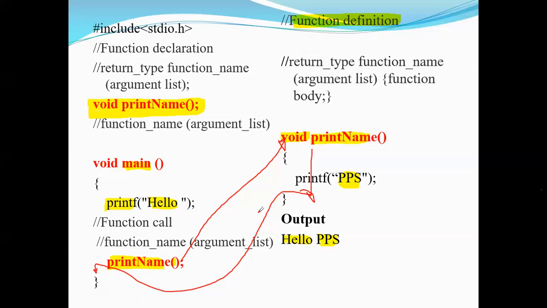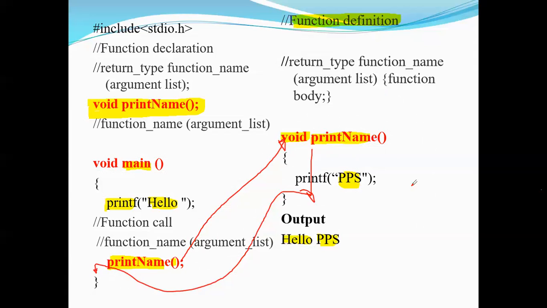It is called the calling function and the called function. When you call print name, that is the calling, and print name is the called function. Once its execution is completed, it returns back to the main program.